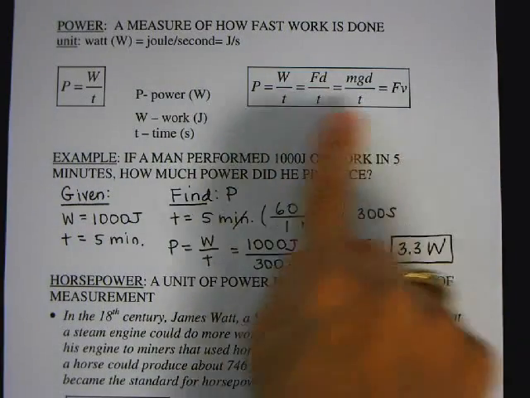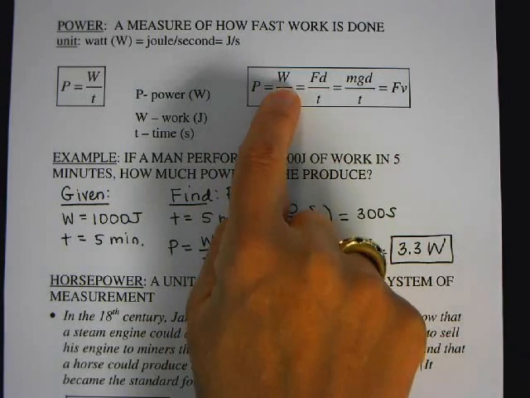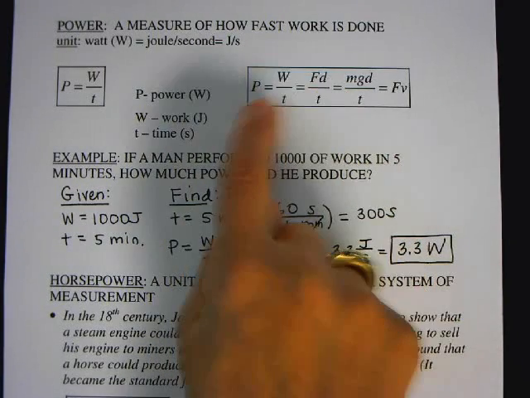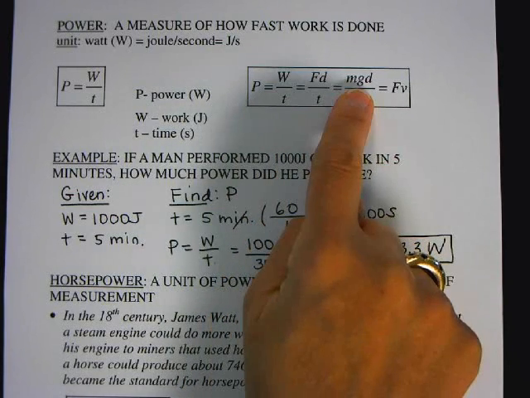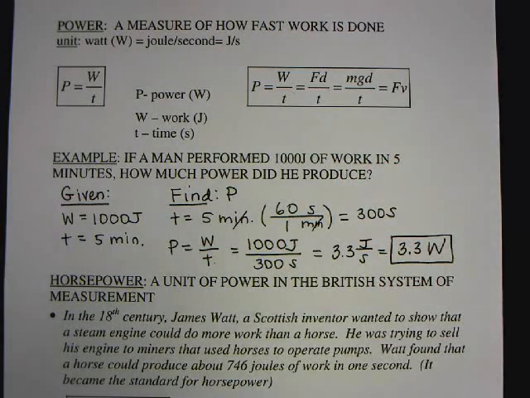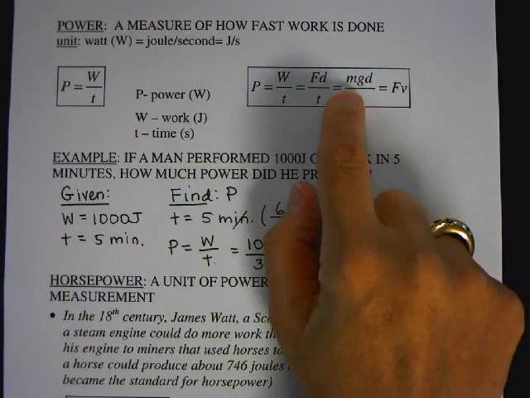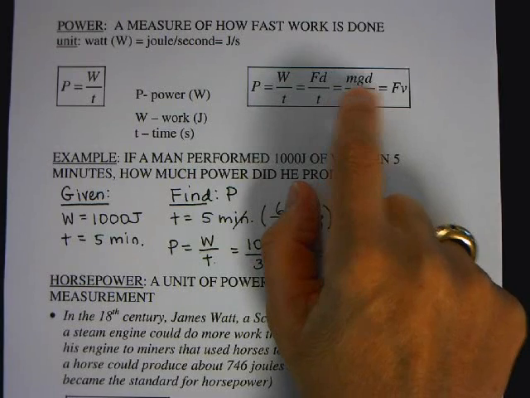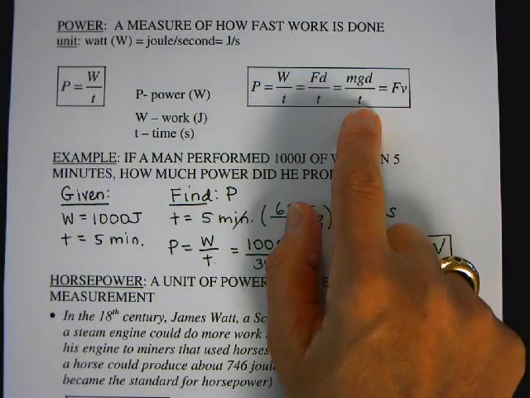Now let's look at the equation here. So power is work over time. But we already learned that work is equal to the force times the displacement. So power can also be equal to FD over T. Now, if I was to take the book, like I showed you the other day, and lift the book off the ground, and I want to know how much work is done, because I am taking that book that has a weight and lifting it vertically, we said that the work is equal to the mass times the gravity times that vertical displacement, which was mgd, divided by t.